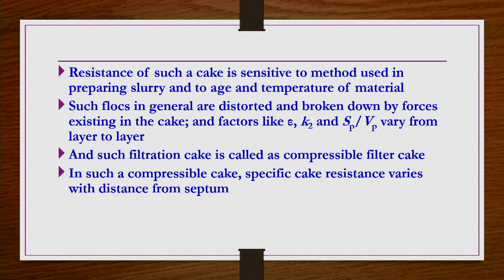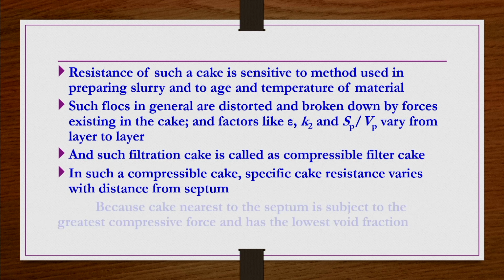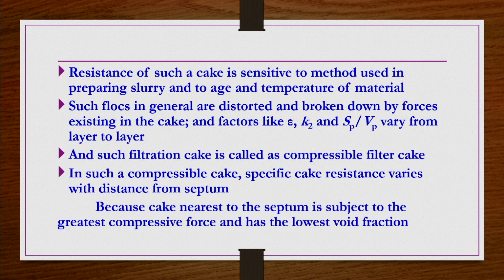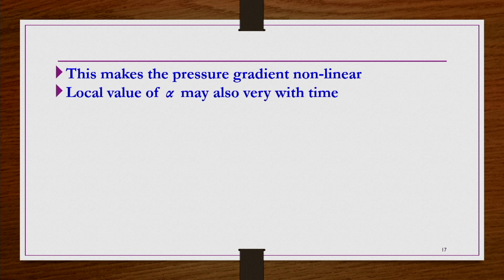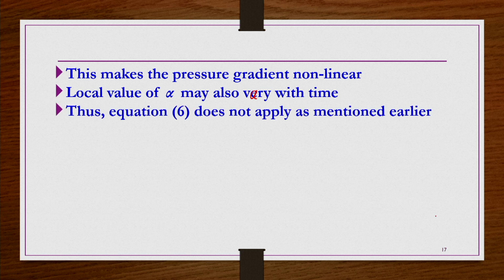In such a compressible cake, specific cake resistance varies with the distance from the septum, position L, because the cake nearest to the septum is subjected to the greatest compressive force and has lower void fractions, and because of that the pressure gradient becomes non-linear. And then the local value of alpha may also vary with time in general.